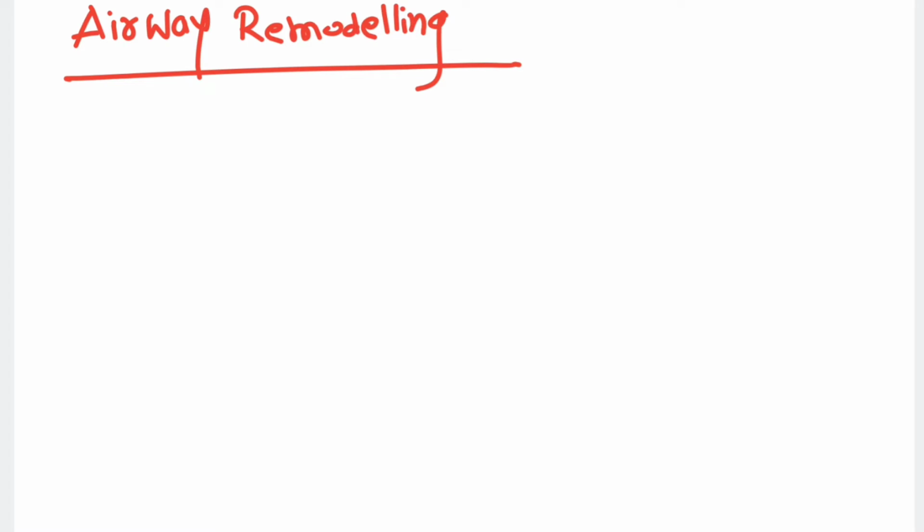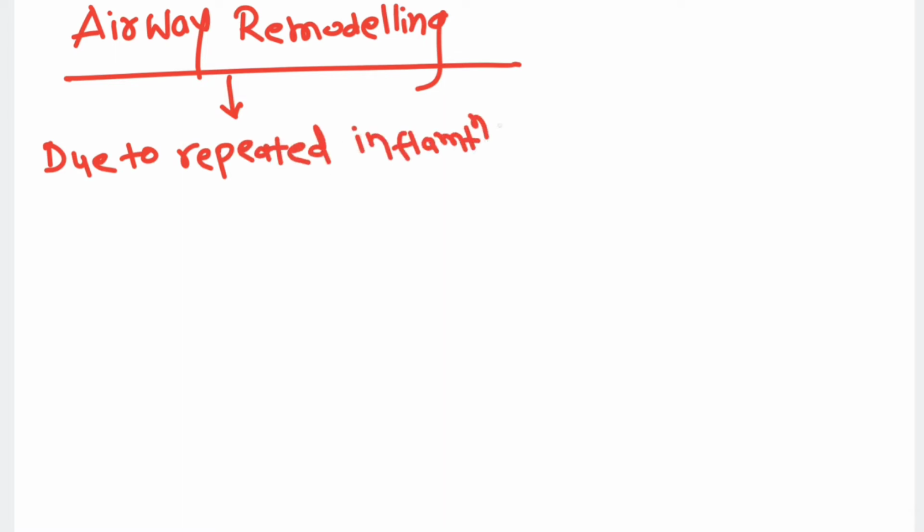All right. Now, what do you mean by airway remodeling, which is a most important aspect of microscopy of asthma? Airway remodeling is due to repeated inflammation of asthma, because of repeated attacks of asthma.